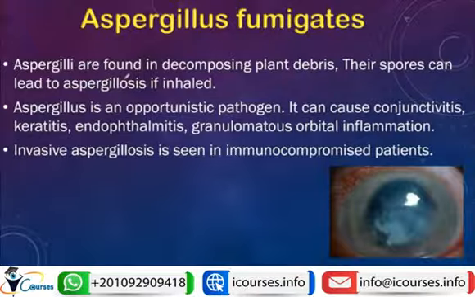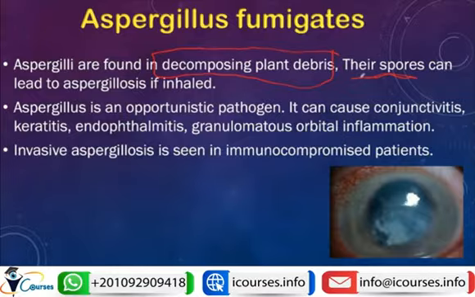Aspergillus fumigatus is a kind of filamentous fungus found in decomposing or dead plant debris. When the plant becomes dead debris, Aspergillus is present on it and forms spores. These spores, if inhaled, result in aspergillosis.